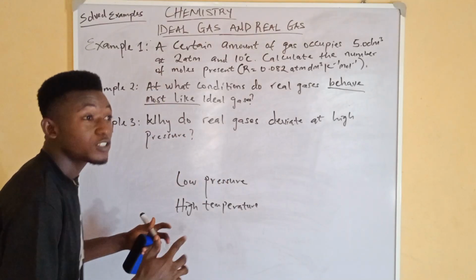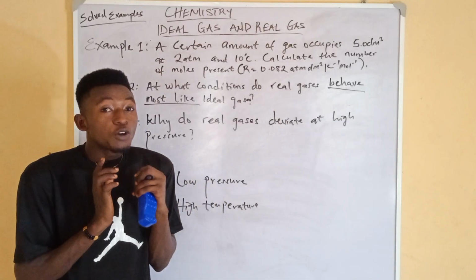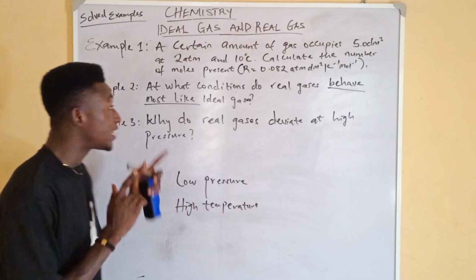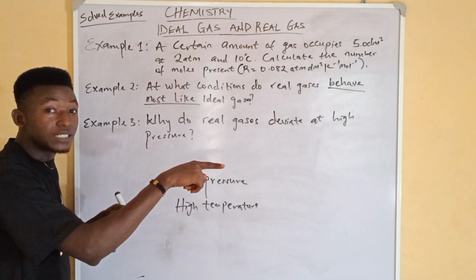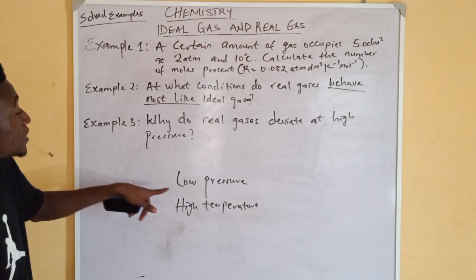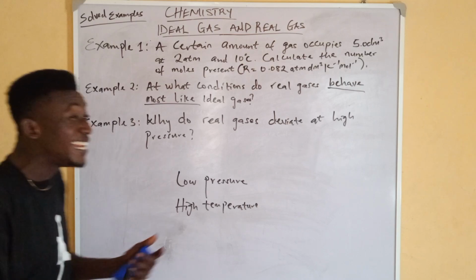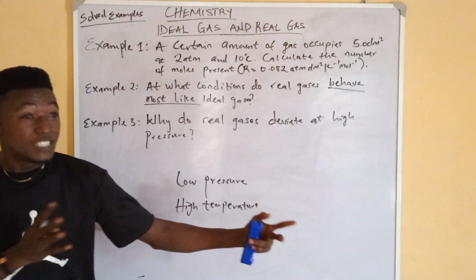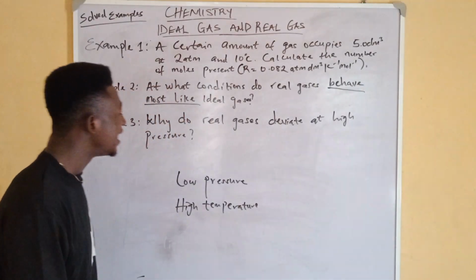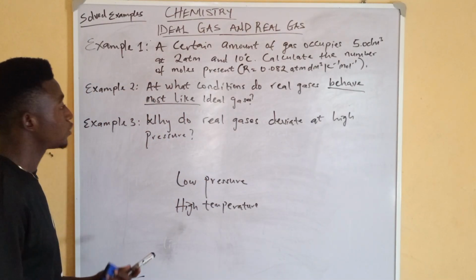If it is behaving like, it's just like it wants to assume the state of the ideal gas, and that is when their state is low pressure and high temperature. But when they want to deviate, they want to behave differently. That means high pressure and low temperature.